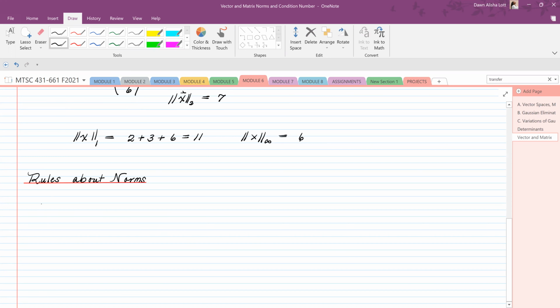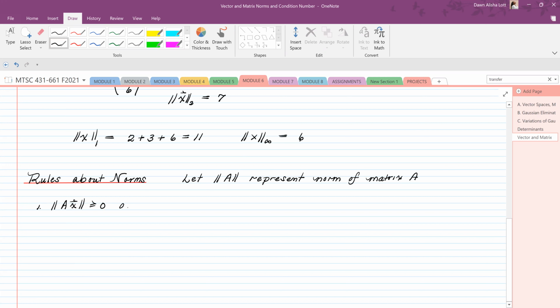So the first one is we want to represent, so we're going to let this represent the norm of a matrix A. So that is the norm of A times X. That thing is greater than or equal to 0.